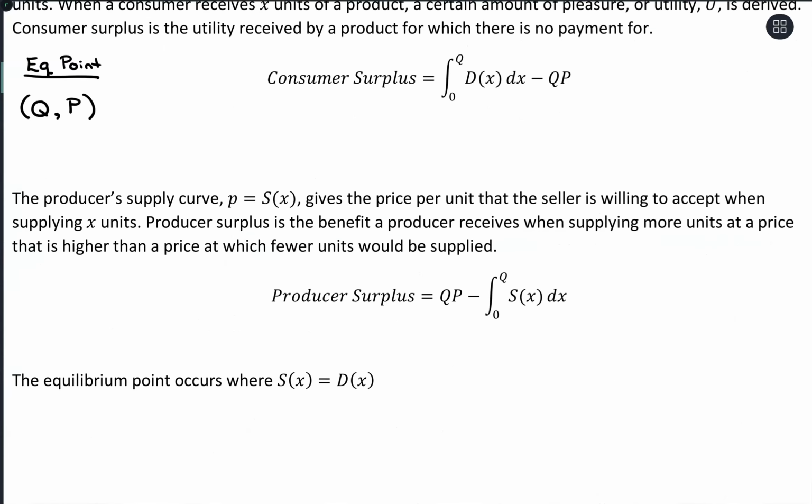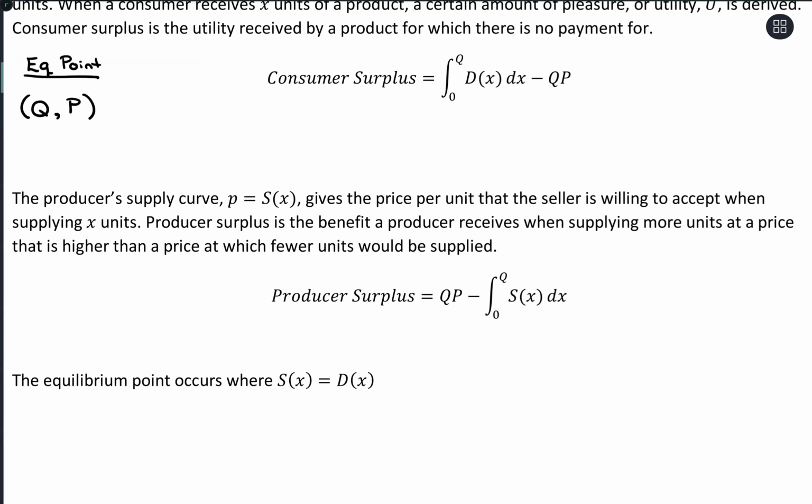Producer surplus can be a bit harder to visualize because not often are we in the position of a producer at this point in our life, producing or supplying a product. But the idea of producer surplus is the benefit to the producer beyond the price.